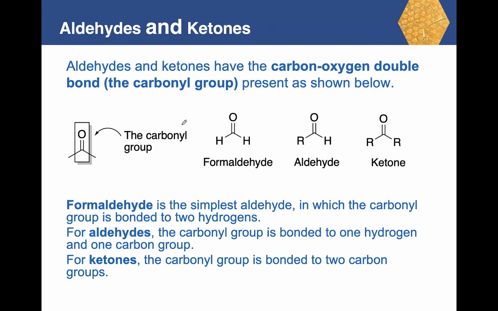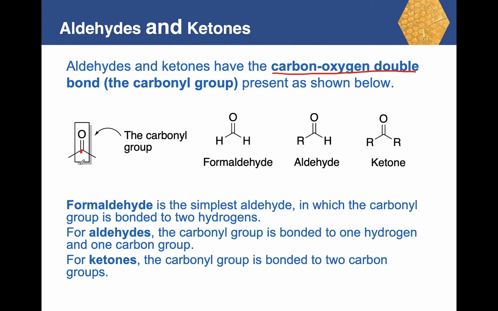So, the first thing that we need to be able to identify is the aldehyde and the ketone. In order to do that, there's one aspect that's common to both, and that is the carbon-oxygen double bond. And here it is, a carbon and an oxygen double bond right here. They are present in both aldehydes and in ketones.